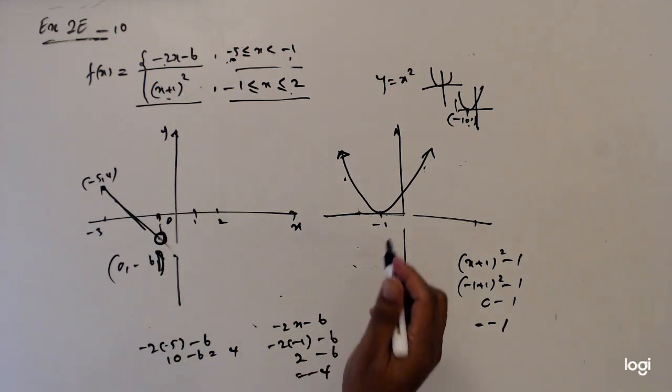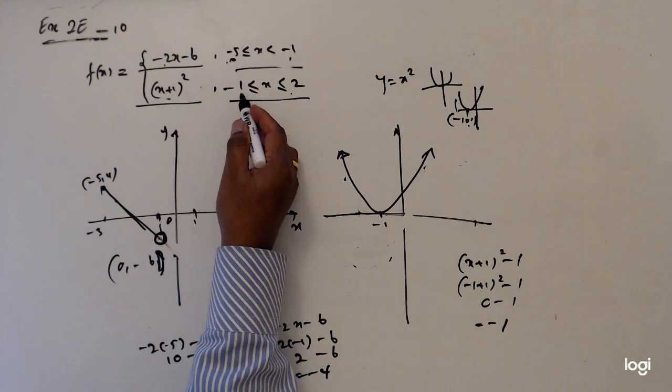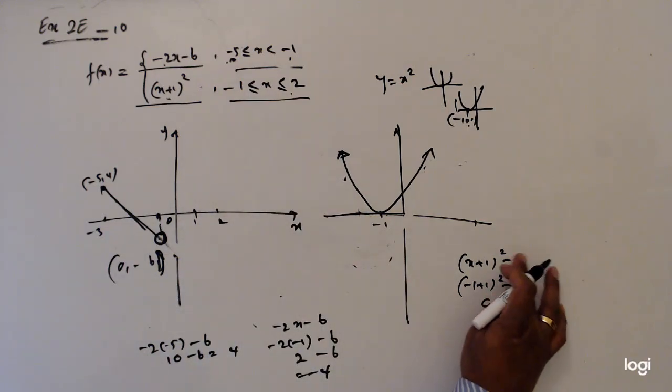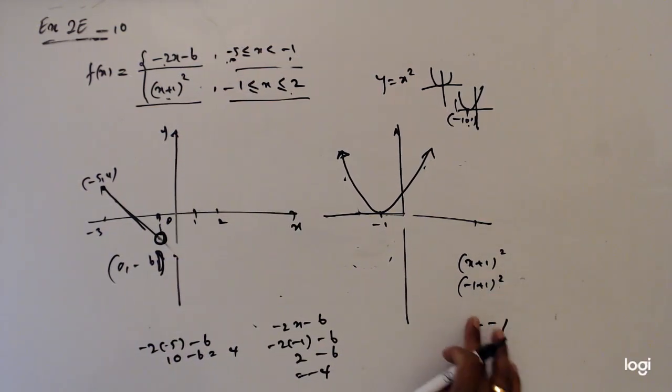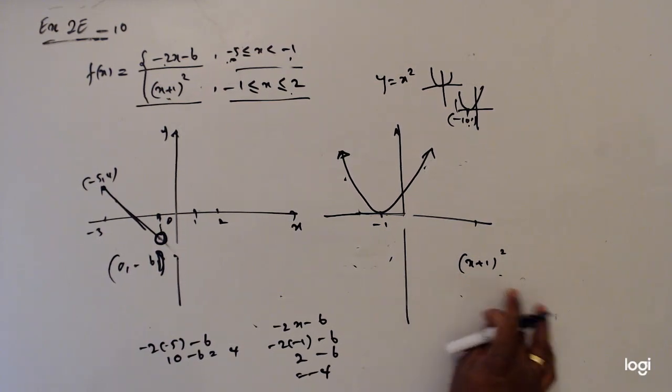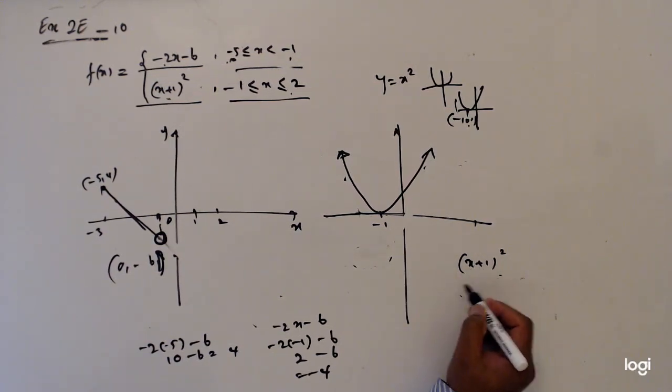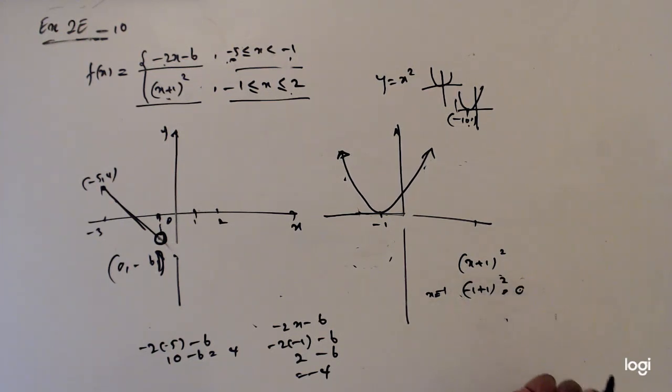Now, when x equal minus 1, (x plus 1) squared, minus 1 plus 1 squared is 0.